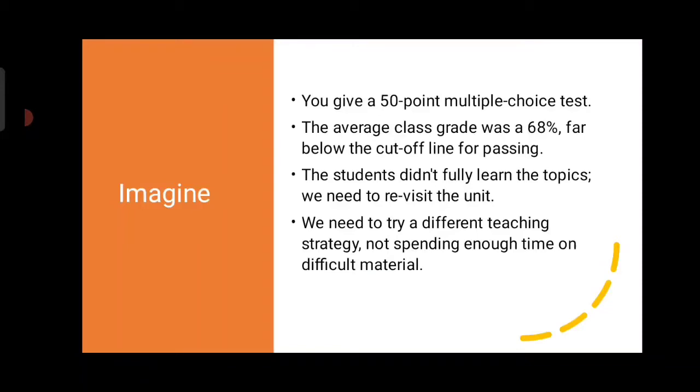You can easily see that your students didn't fully learn the topic quite well. And this fact tells you that you need to revisit the topic again, and determine why your students failed the exam. Perhaps you may need to try a different teaching strategy, or perhaps you did not spend enough time on difficult material.